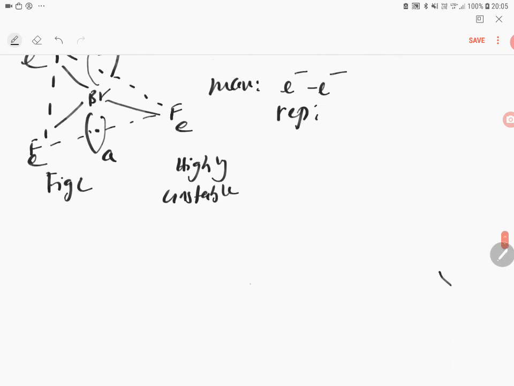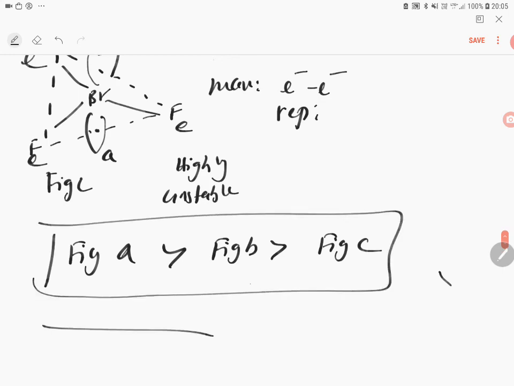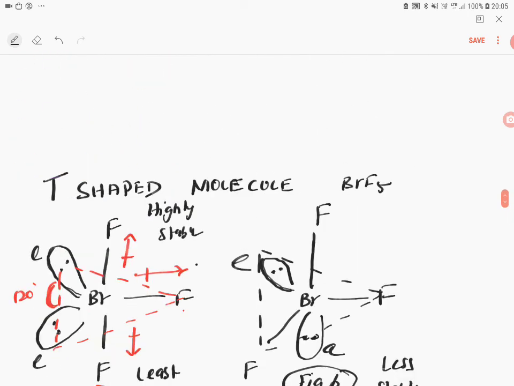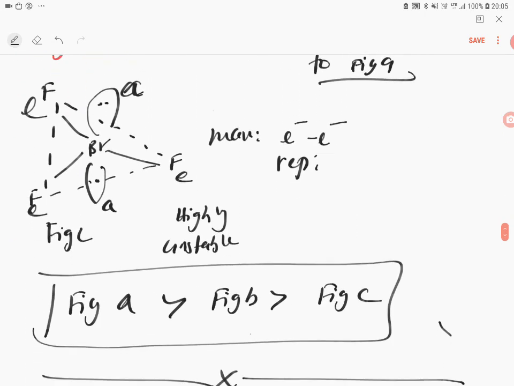Therefore, I can say that figure A is more stable than figure B, and figure B is more stable than figure C. All are trigonal bipyramidal, but the arrangement of lone pairs is very important. This kind of diagram can be asked, and they can ask you to arrange the increasing or decreasing order of stability of the trigonal bipyramidal arrangements. So this is a very important question. This is in accordance with VSEPR theory. Great.